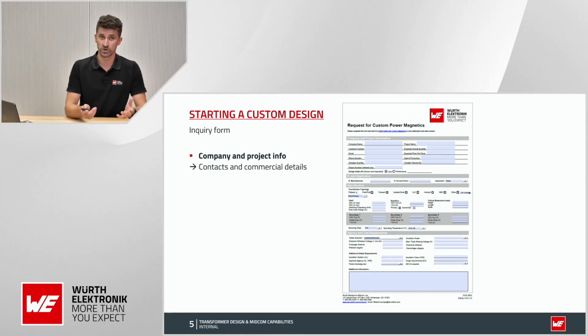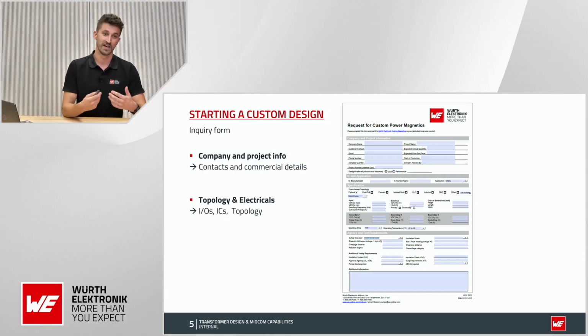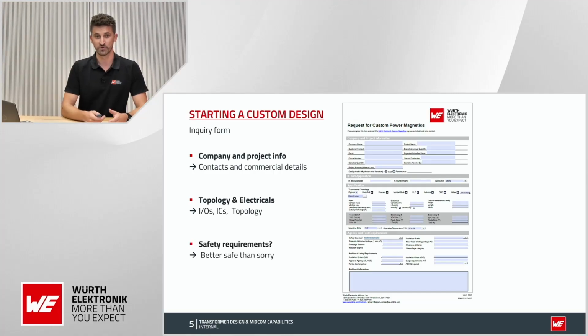We need to know your contacts and commercial details, so we can get in touch with you. Then, of course, we are designing a power transformer, so we need to know the input, output, ICs, topology, and other important electrical information. Then we need the safety requirements. This is defined by your application, and it is a very important information to know as soon as possible, and we will see later why.